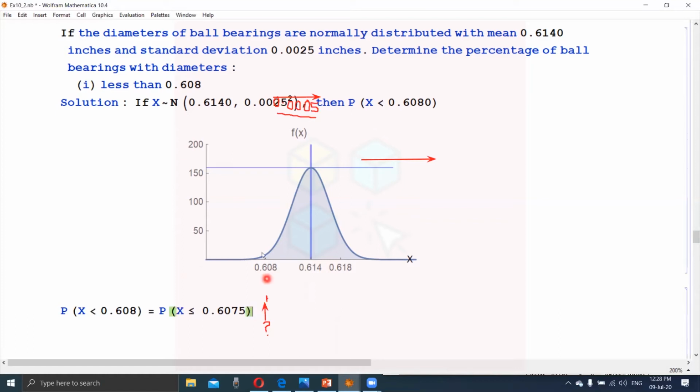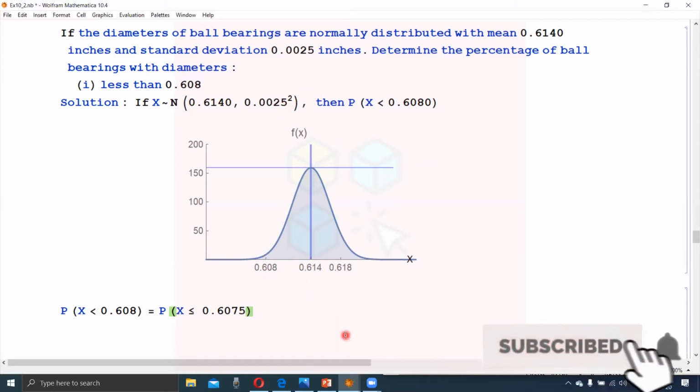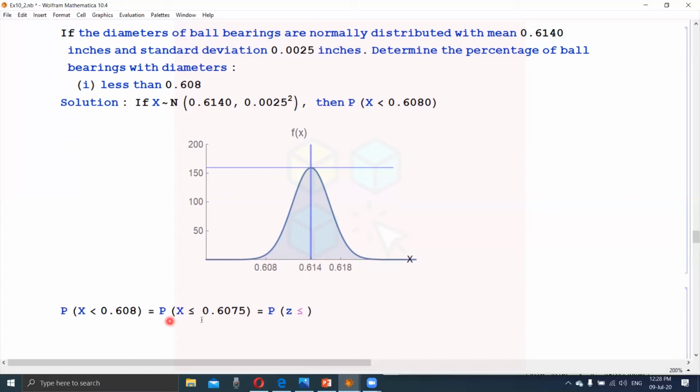Firstly we convert into the standardized variable Z, because X is a normal variate, and a normal variate should be converted into the standardized variable Z. So Z less than or equal to a point.